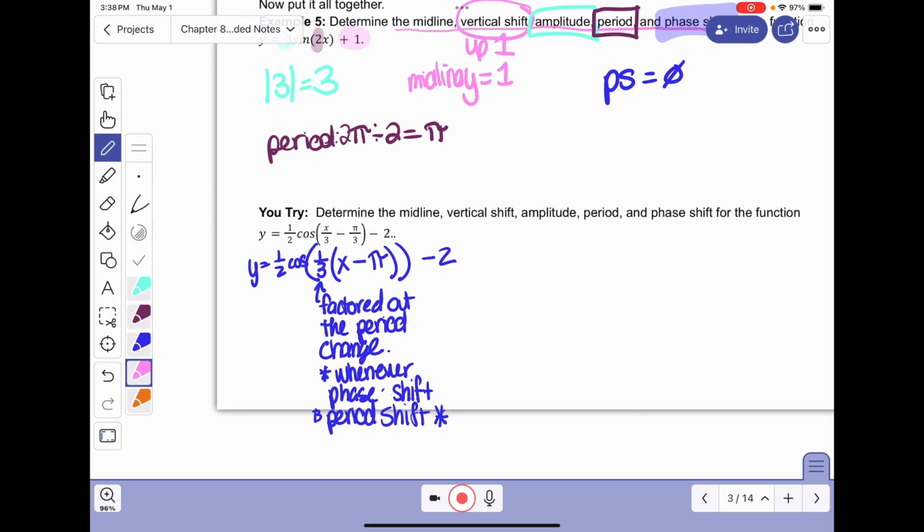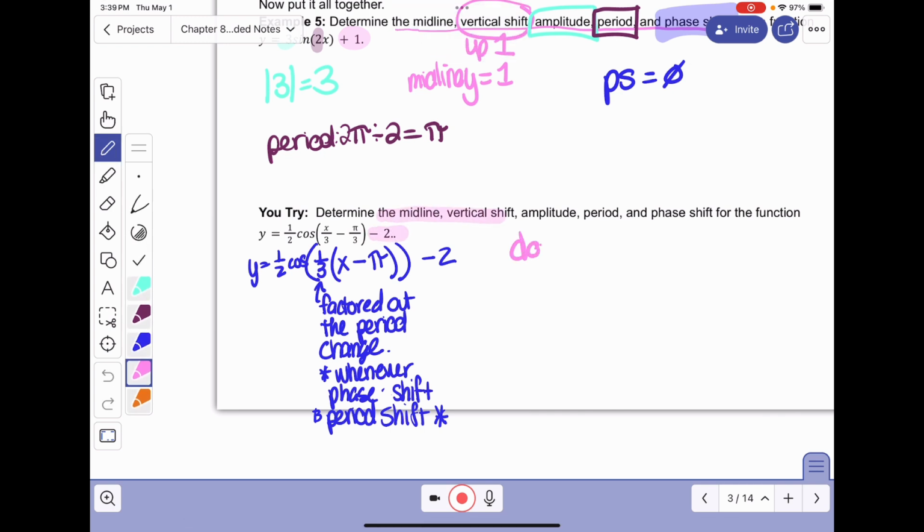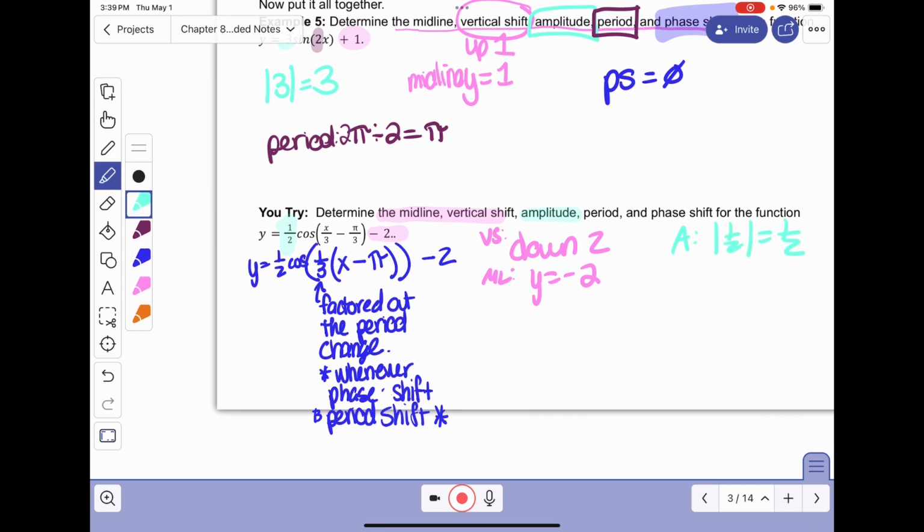So our midline and vertical shift is going to be this. We're going down 2. That's our vertical shift. So our midline is y equals -2. The amplitude is the absolute value of 1/2, so it's 1/2. The period is 2 pi divided by the 1/3 I pulled out.